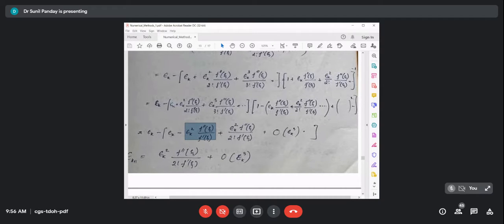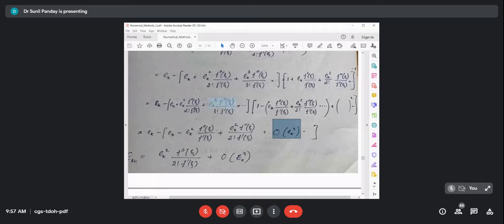Then if I multiply this epsilon k to this, I will get a third degree term, and that I am absorbing in this one. Now we are multiplying this term to this one, so I will get this one. And if I multiply this term to this term, I will get third and higher order degree terms, so I am absorbing all this in this one.